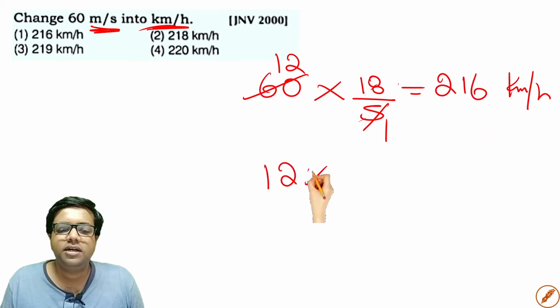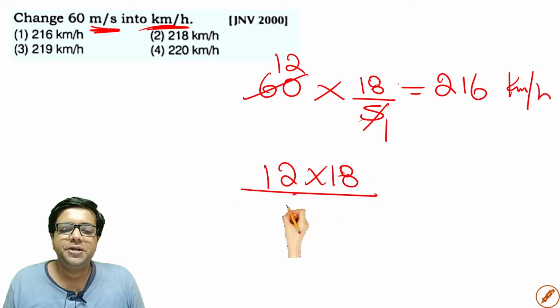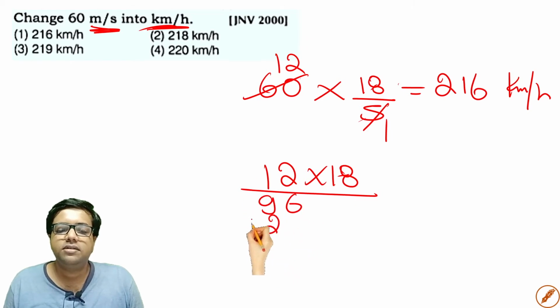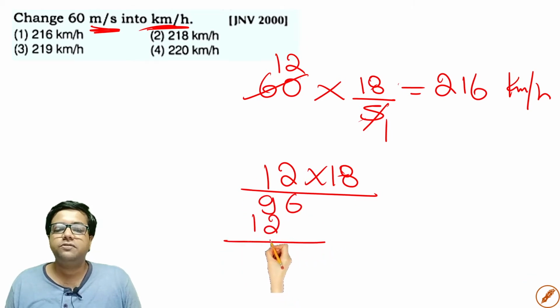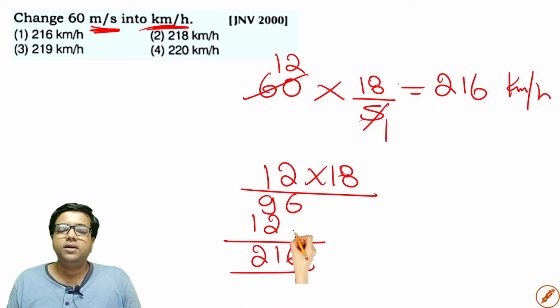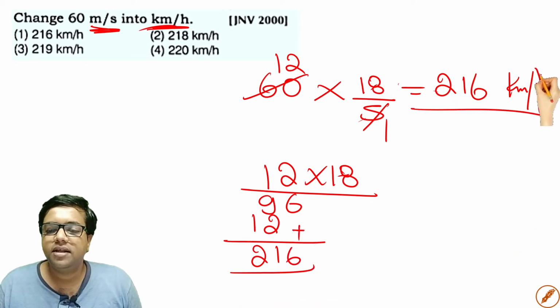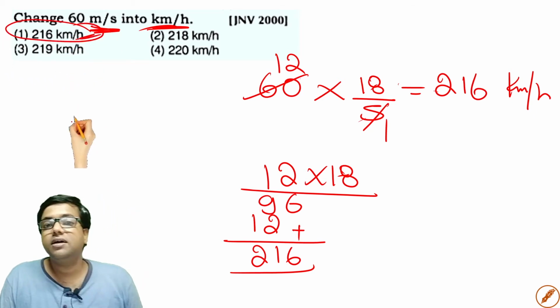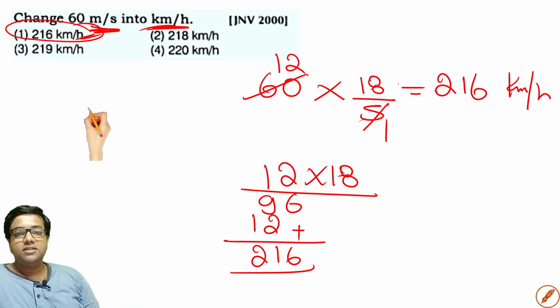I can multiply: 8 twos are 16, 1 carry over, 8 ones are 8 plus 1 is 9; 1 twos are 2, 1 ones are 1. So if you find the sum, you will get 216 km per hour. Option 1 is the right answer for this question.